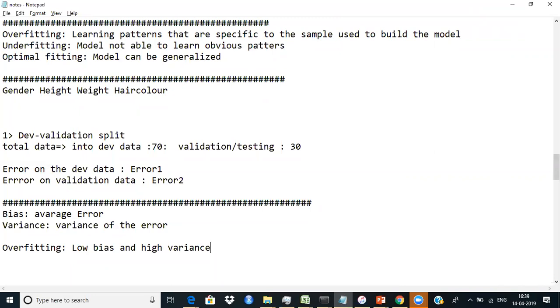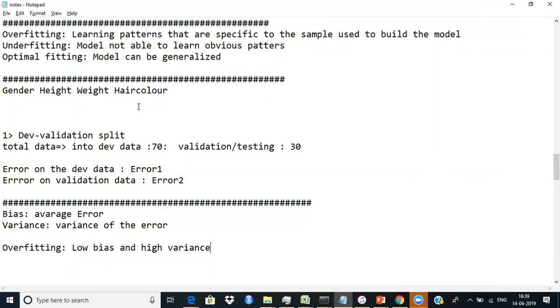Now, let's talk about the people who did not study at all, right? If you score them on the chapter they were supposed to read, how much will be the score? Low. If you score them on a different chapter, how much will be the score? Low. So the average score will be low, but variance will also be low. Because if both of them they scored bad, right? Their difference is not that high in terms of score.